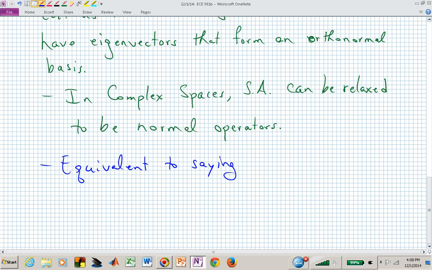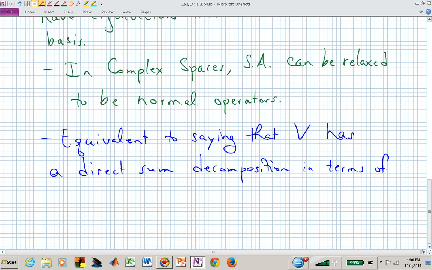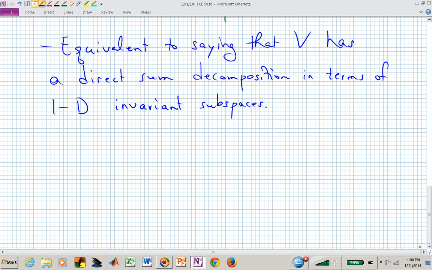So the above comment on having an orthonormal basis when we have self-adjoint operators is equivalent to saying that the vector space V has a direct sum decomposition in terms of one-dimensional invariant subspaces, where those one-dimensional invariant subspaces are the eigenvectors or the span of those eigenvectors.